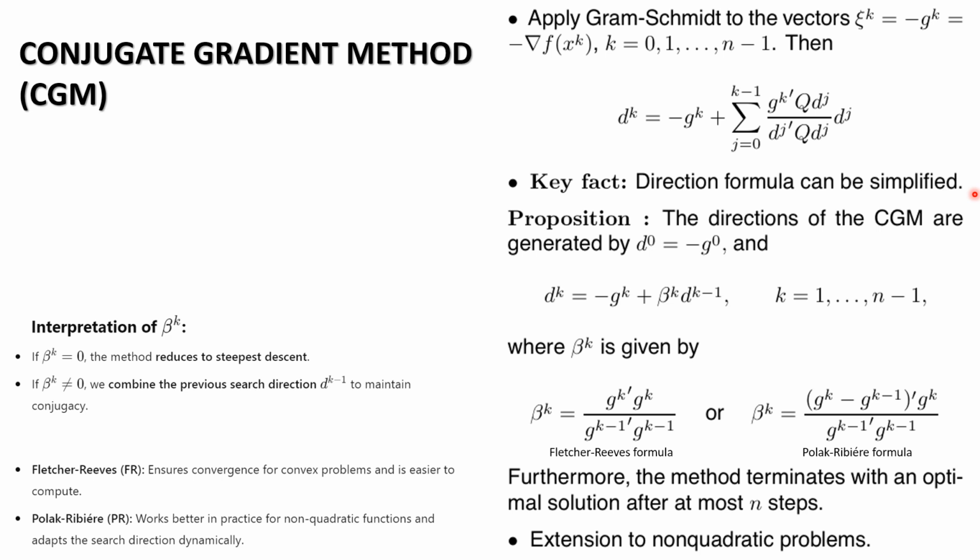In machine learning, physics and engineering, many optimization problems are not perfectly quadratic, and modifying conjugate gradient methods with line searches allows them to work for general nonlinear functions.